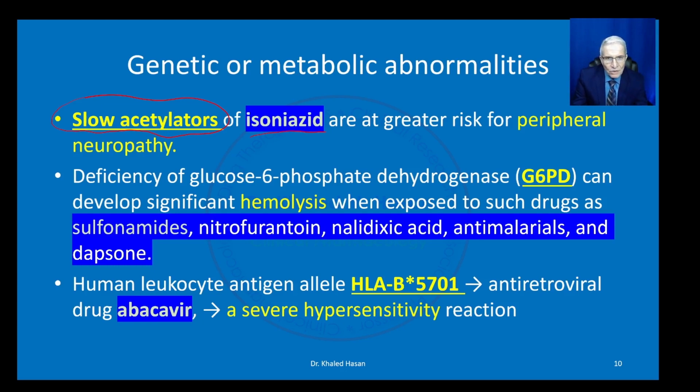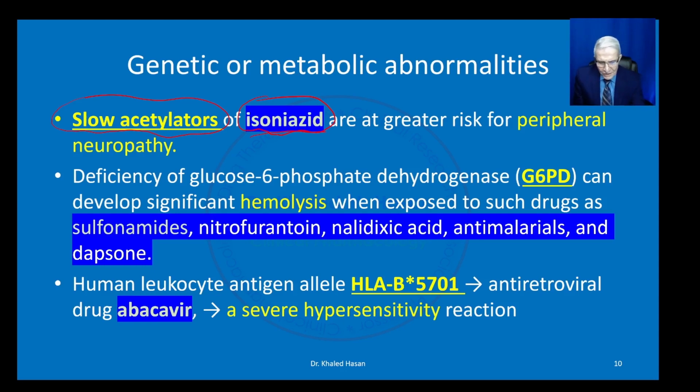They found that in this group of the population, the slow acetylators, there is an increased risk of peripheral neuropathy. For this reason, we have to identify whether the patient is a slow, fast, or normal acetylator. So isoniazid increases the risk of peripheral neuropathy in slow acetylator patients.